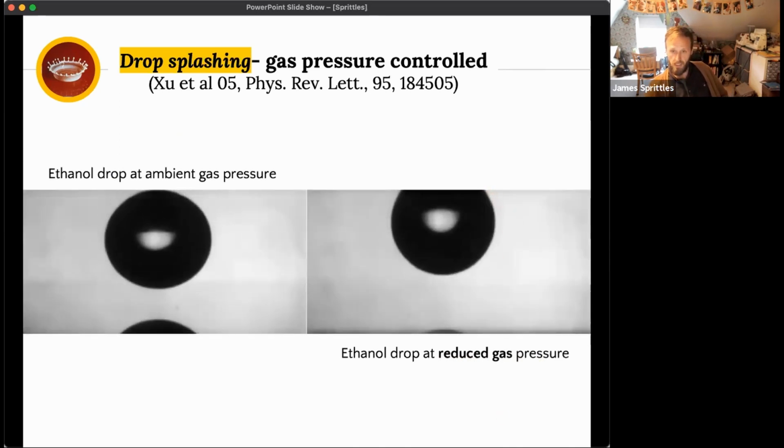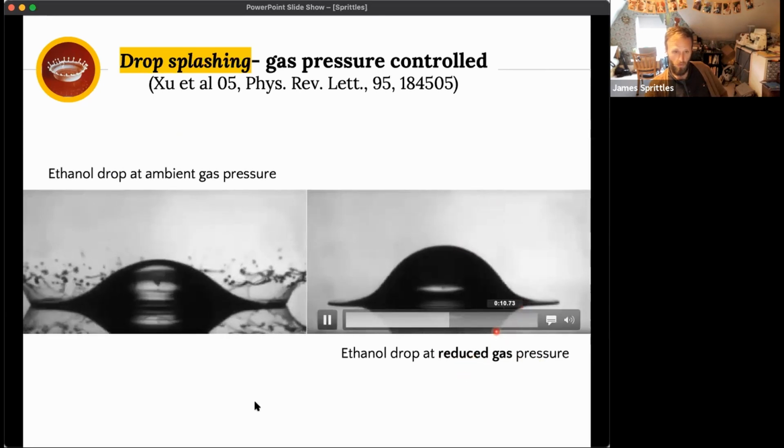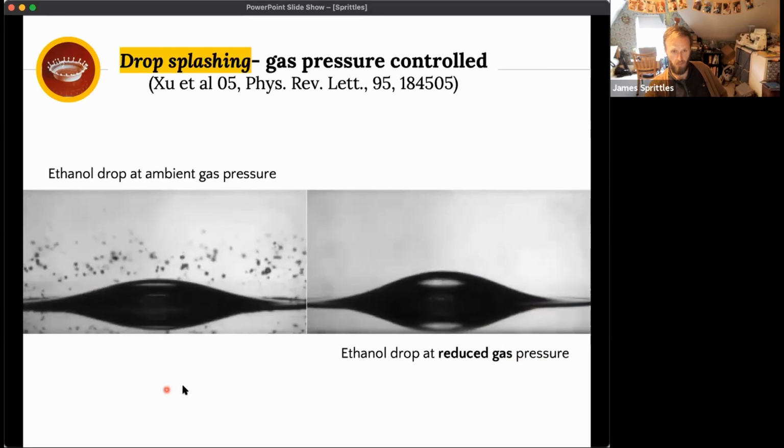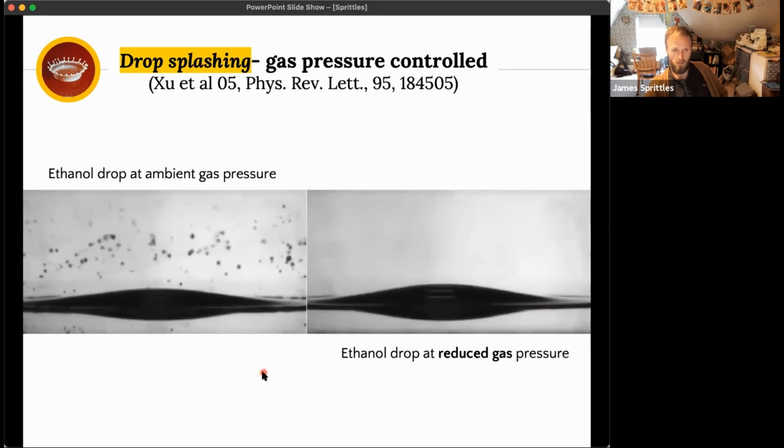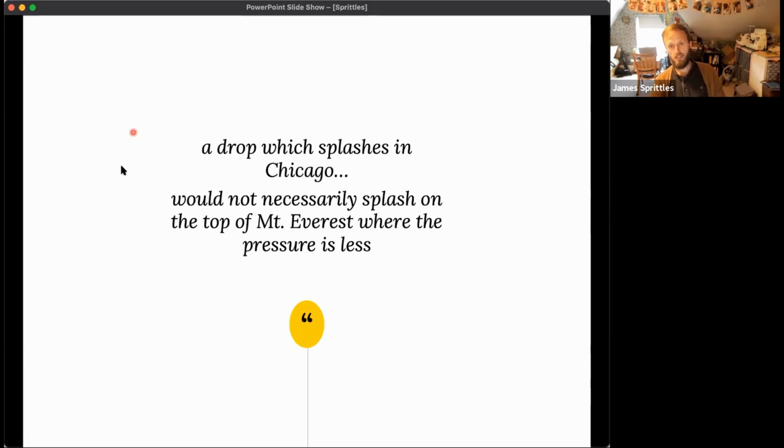You'll see that at this reduced pressure, there is no splashing at all, whereas at ambient pressures, you see splashing. So clearly the gas isn't of secondary importance here. It's very much the key effect which dictates whether drops splash or not. There's this nice quote from the group, which says that a drop which splashes in Chicago wouldn't necessarily at the top of Everest, where the pressure is less.